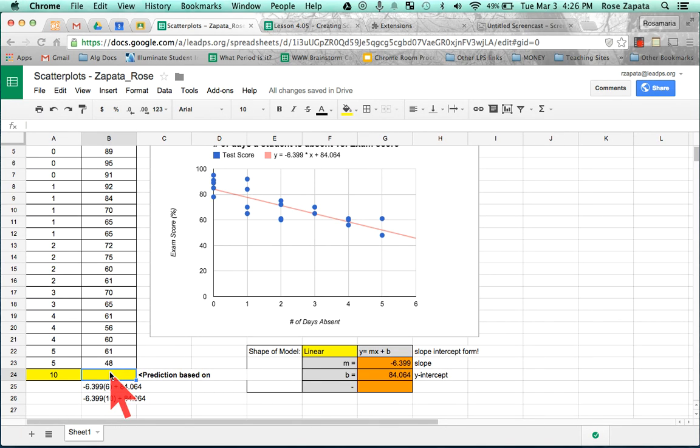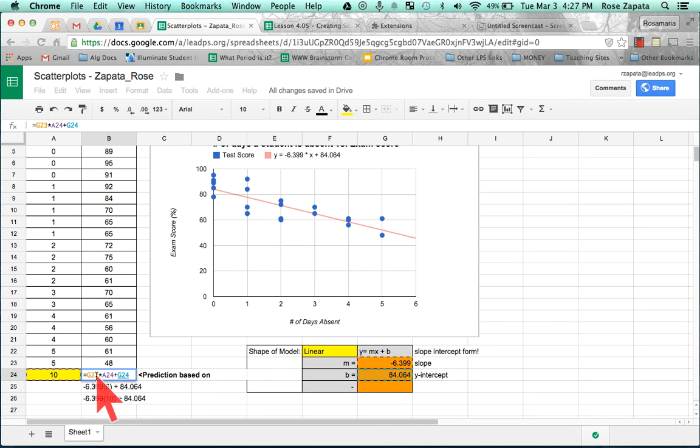So what I'm going to do is click on the cell, and I want this cell to equal negative 6.399, which is this number here, times, so I'll put a multiplication symbol, and it'll be times our variable x, which will be in this cell here, and then I will add 84.064, which we can find here.